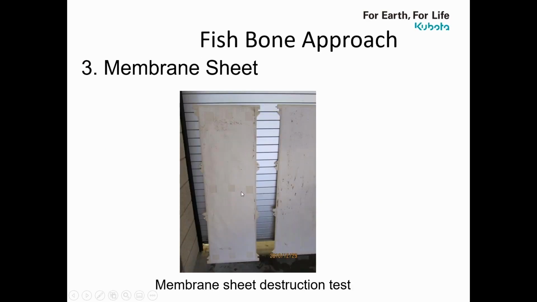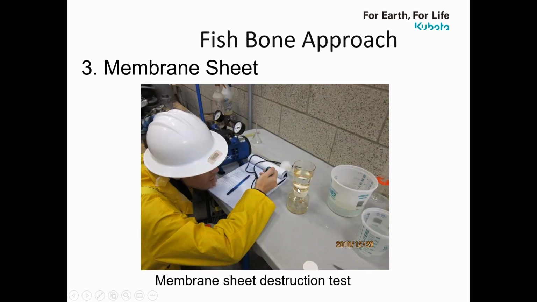We cut the membrane sheets into pieces, and we do flow rate testing, and just check, okay, on a membrane sheet basis, what's the flow rate that we have with this membrane compared to a new membrane? The flow rate can be like 10% or 5% when it's fouled.